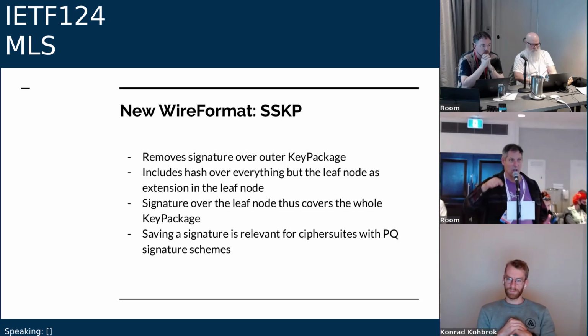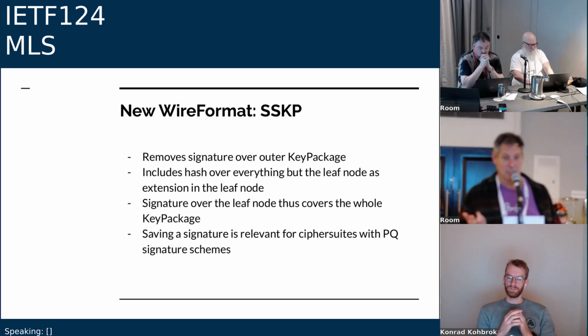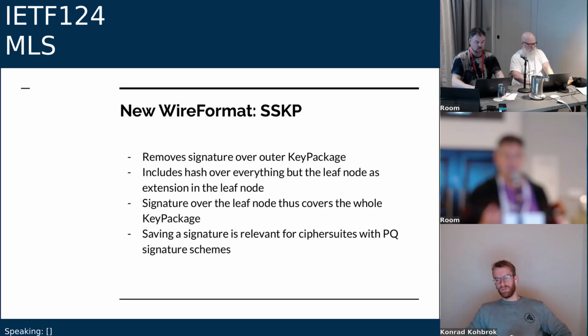And the existence of that extension, or a different extension in your group context, says that you're using this, and therefore there will not be a signature and the format is different. I don't think we need a wire format for this.